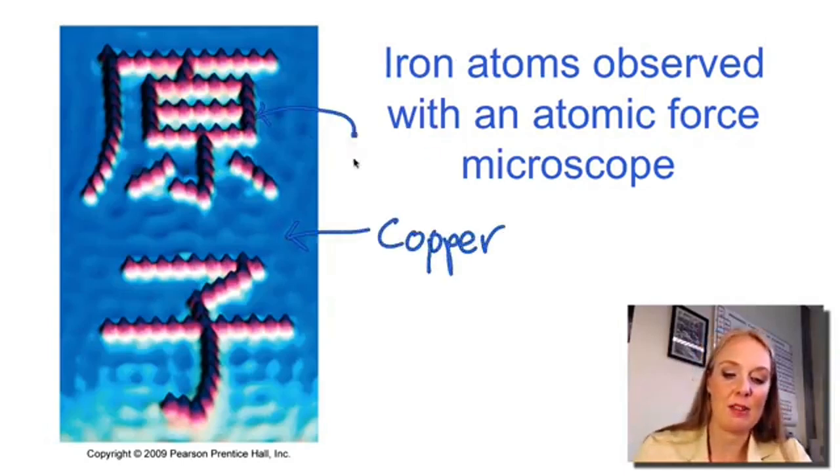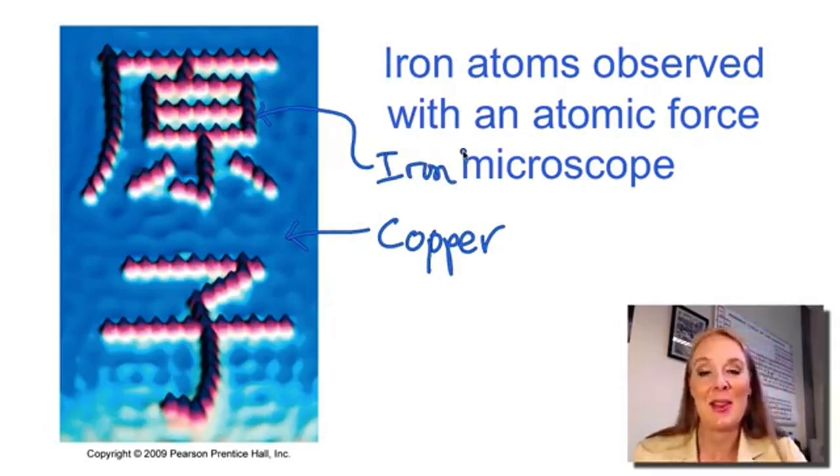These are the iron atoms. If you can read kanji characters, you can probably see that they actually spelled out the word atom by pushing the iron atoms around. So we now actually have visual evidence that there are atoms and that those are the smallest particle of matter that exists. If you divide an atom in half, you actually change the type of element that you have.